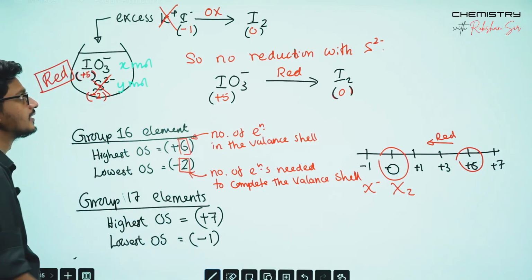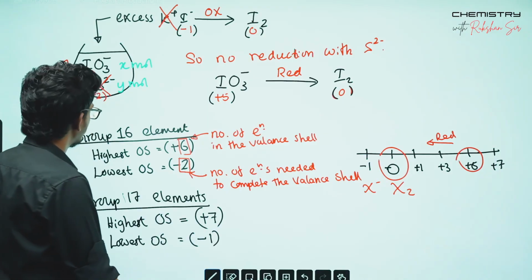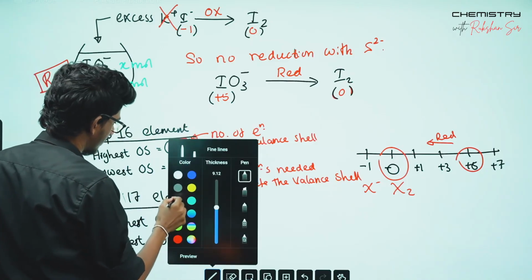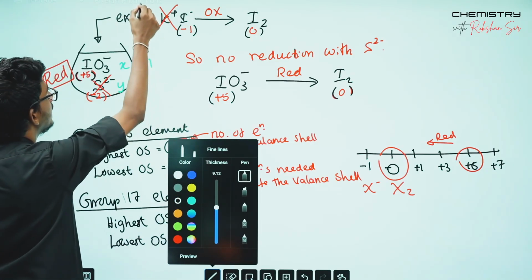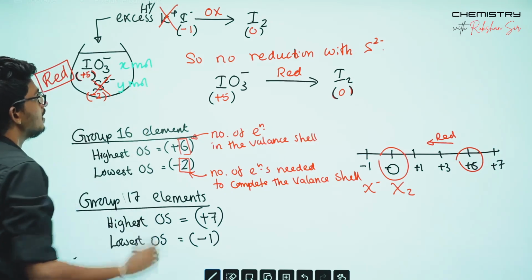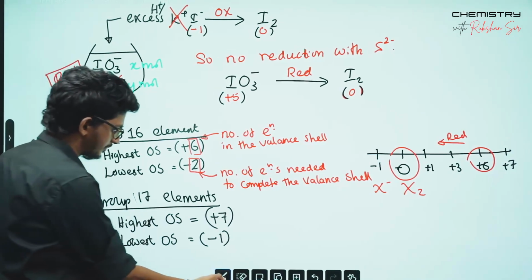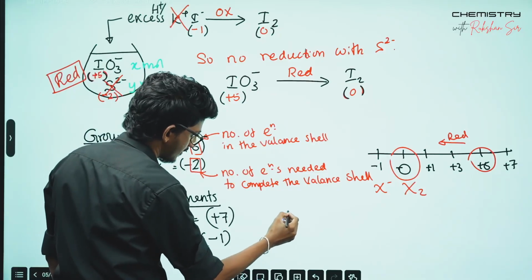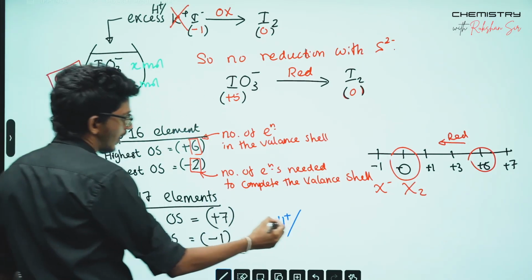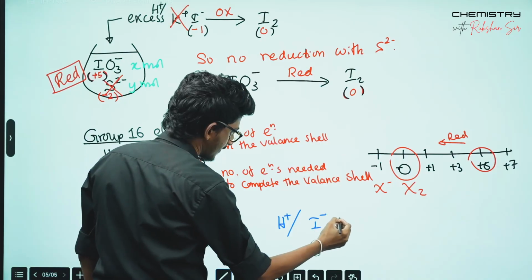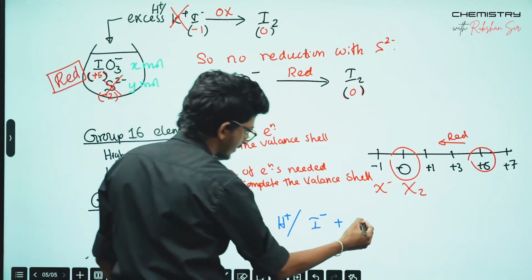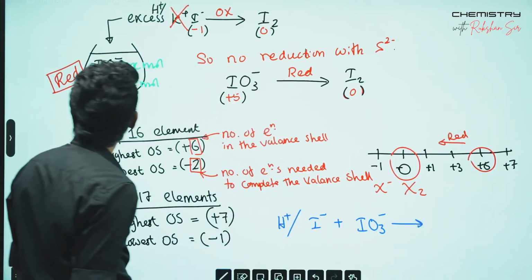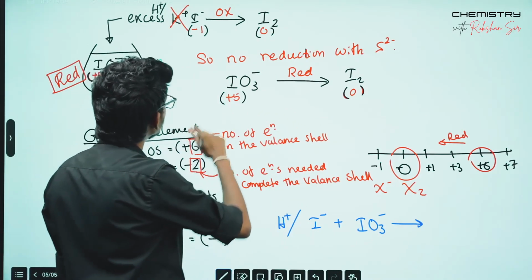So now we can come up with the total reaction. I'll write it as an acidic medium reaction. Your I minus reacts with the IO3 minus to produce I2.